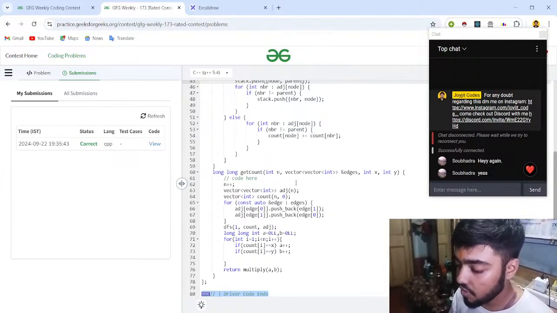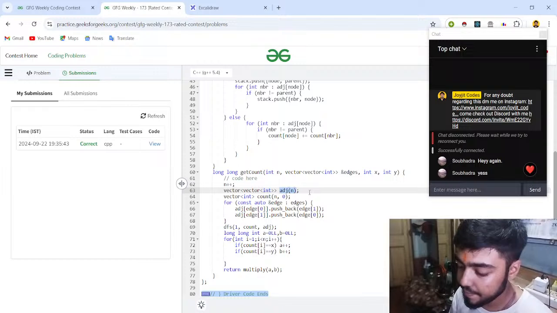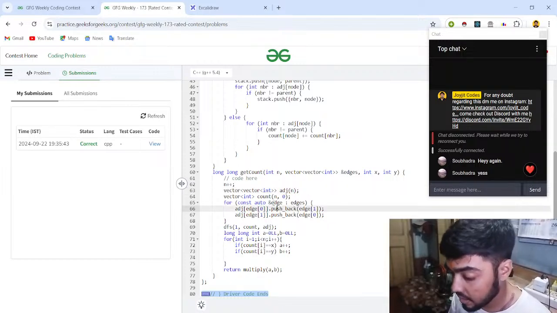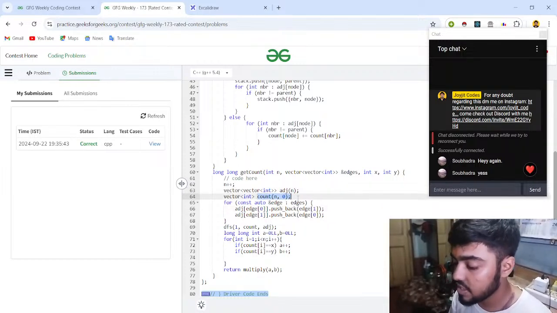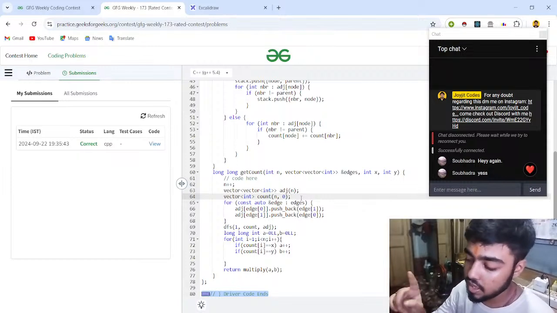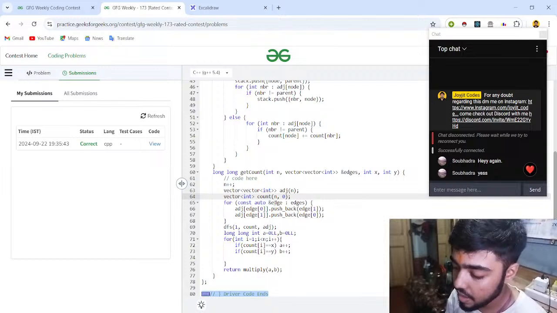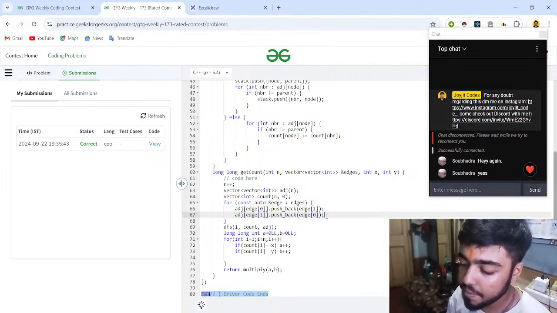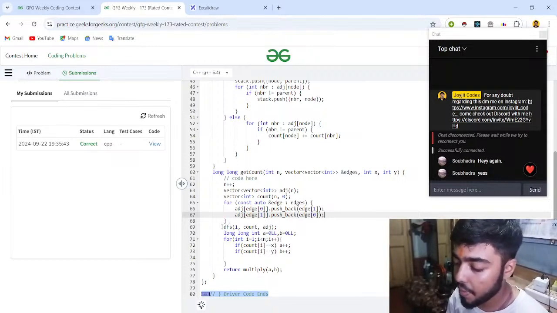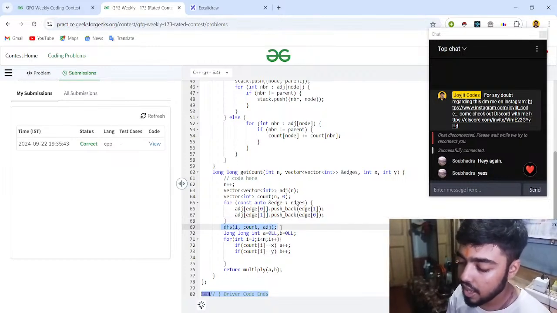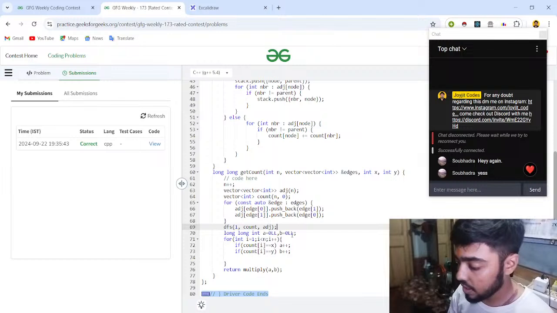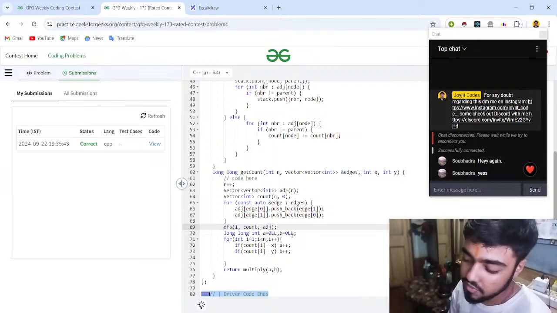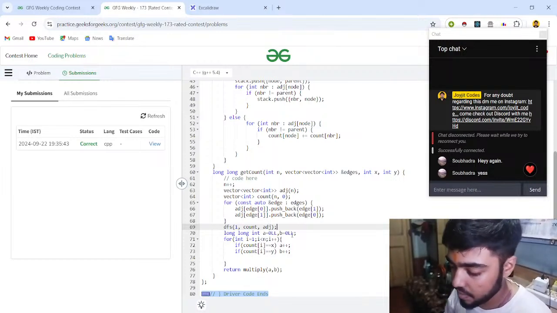So now you can see what we do. We are taking an adjacency array, and then a count array, which tells us the size of the subtree which starts from the specific node. Then for every edge we push into the adjacency array so that we make it a tree. Now we perform DFS from the first node, and we keep on updating the count only.